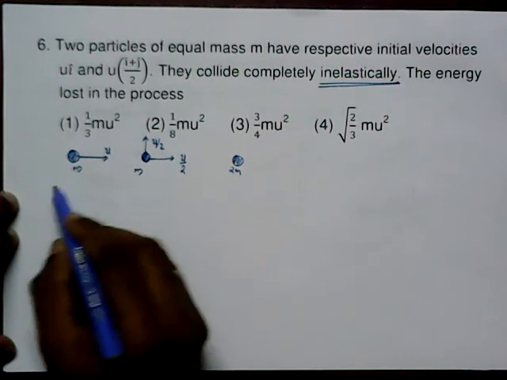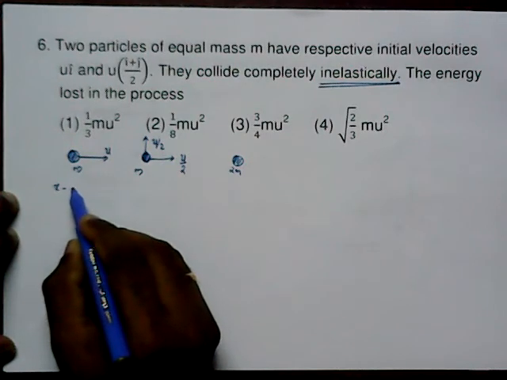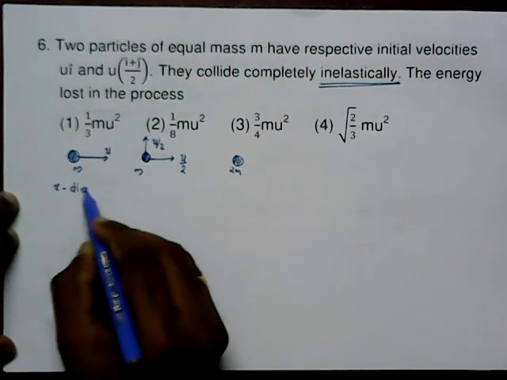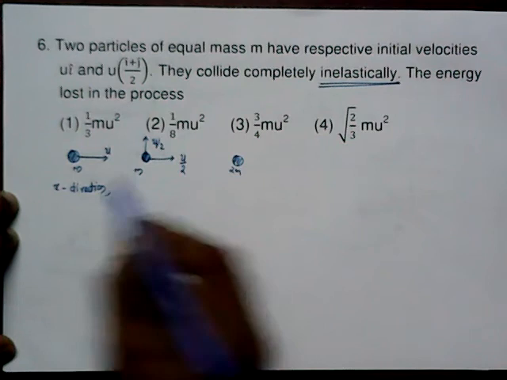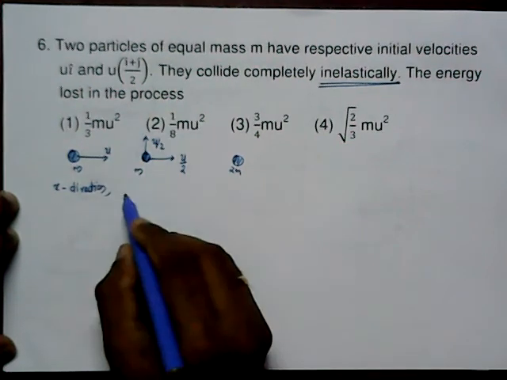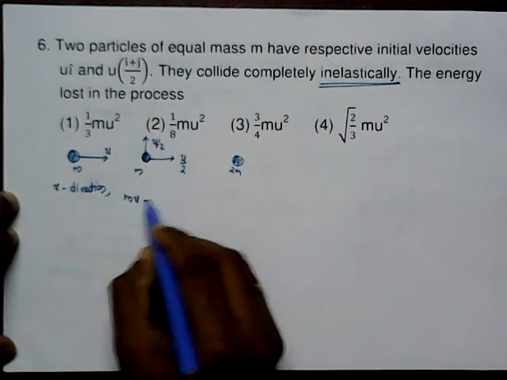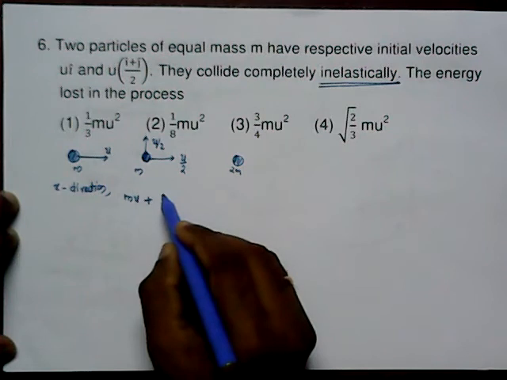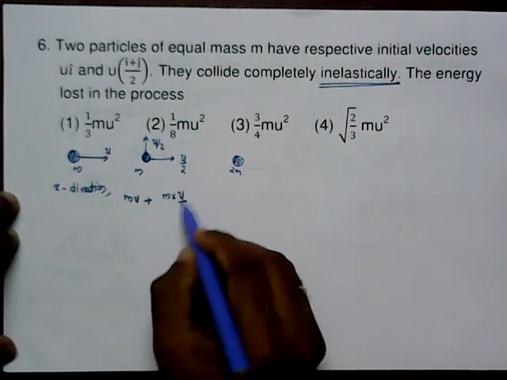At first we can conserve momentum for the x direction. For the x direction, it is simply m into u plus m into u by 2.